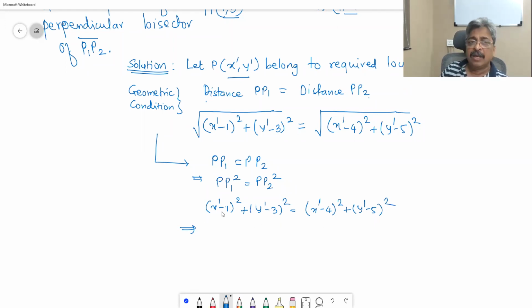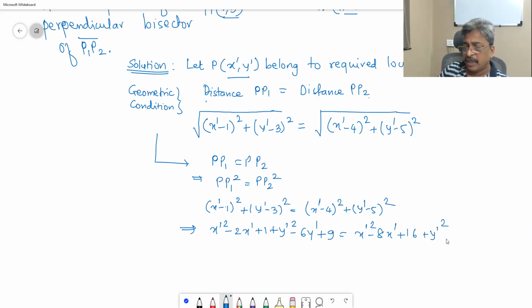Simplify, whatever simplification you can do, you can carry out that. x dash square minus 2x dash plus 1 plus y dash square minus 6y dash plus 9 is equal to x dash square minus 8x dash plus 16 plus y dash square minus 10y dash plus 25.